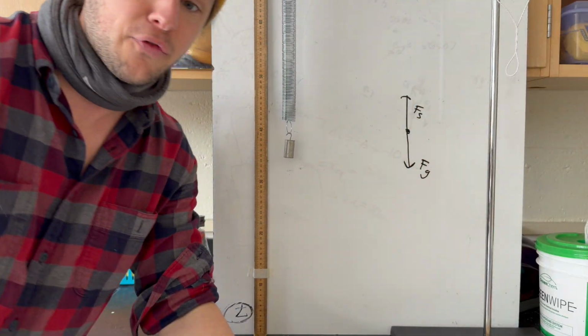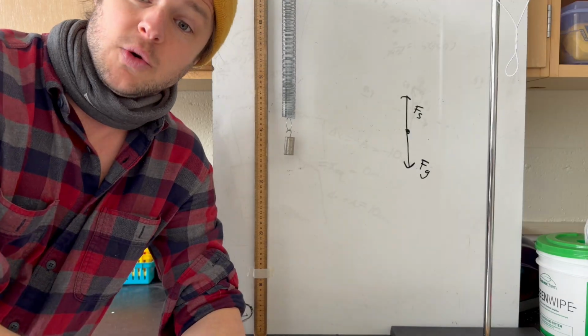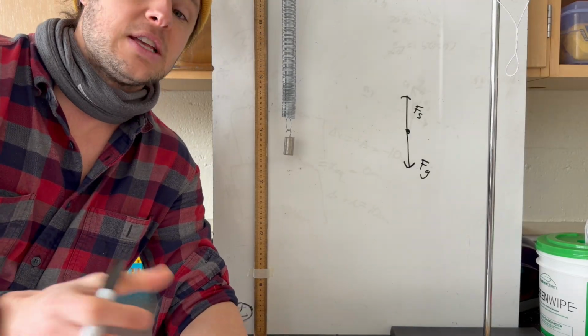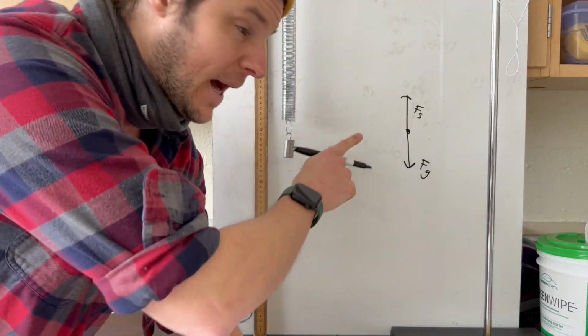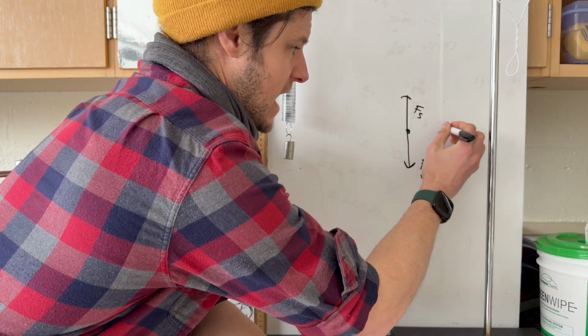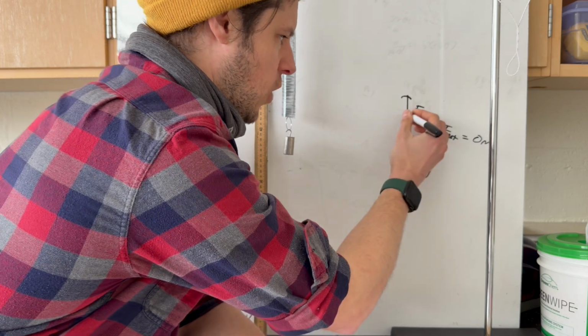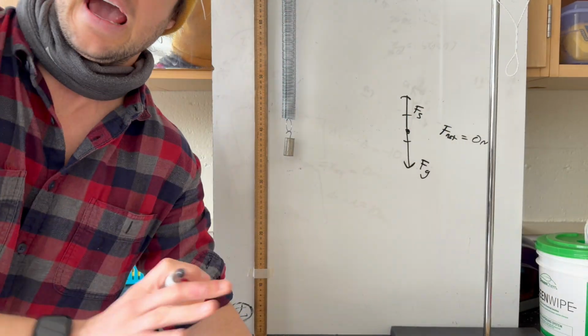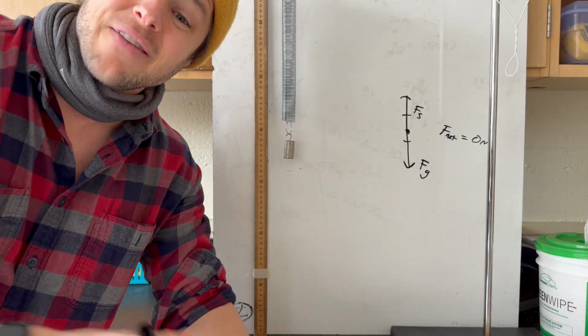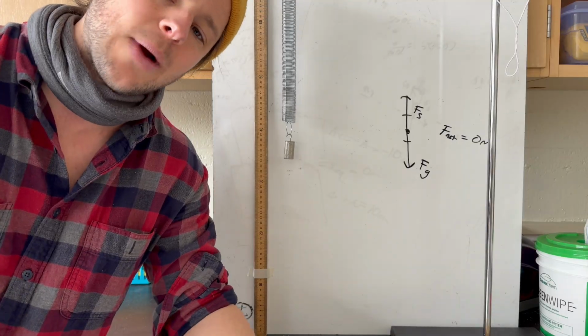It's not that the force of the spring is exerting 0 newtons, and it's not that the force of gravity is exerting 0 newtons, but the net force here at equilibrium equals 0 newtons. These two are equal to one another, and so at this point that's why we don't have any motion, no acceleration in one direction or another.